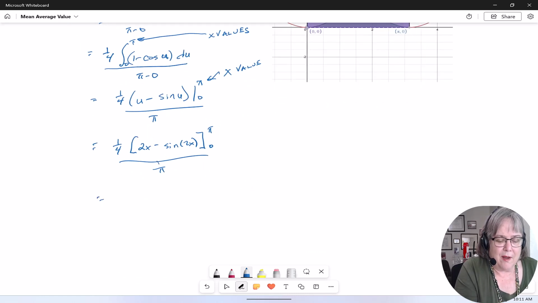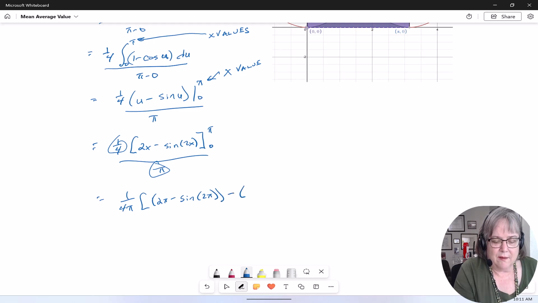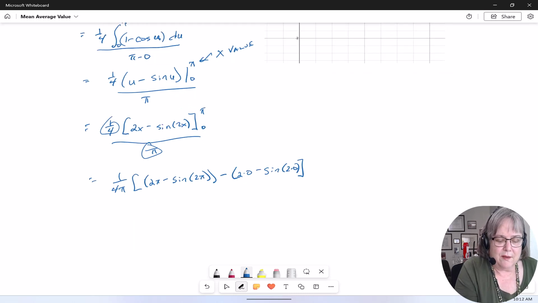Now I can combine this pi and this 1/4 and have 1 over 4 pi times 2 times pi minus sine of 2 pi, minus 2 times 0 minus sine of 2 times 0. So this is 1 over 4 pi, 2 pi.